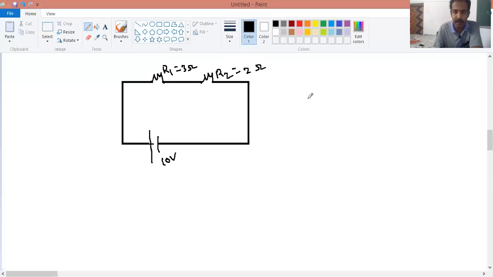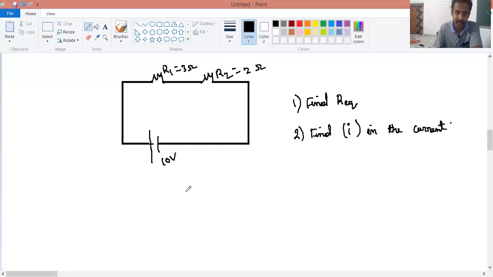Find R equivalent. The second question is to find the current in the circuit. First of all, you should find R equivalent. In this circuit, R1 and R2 are in series connection, so R equivalent is nothing but R1 plus R2. It is 3 plus 2, so it is going to be 5 ohm.